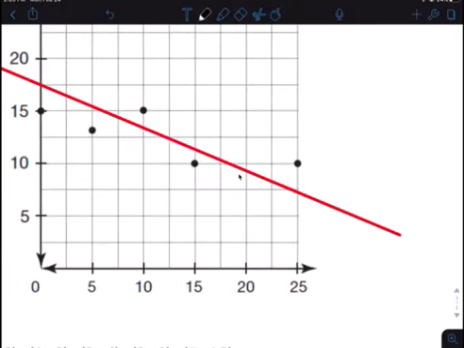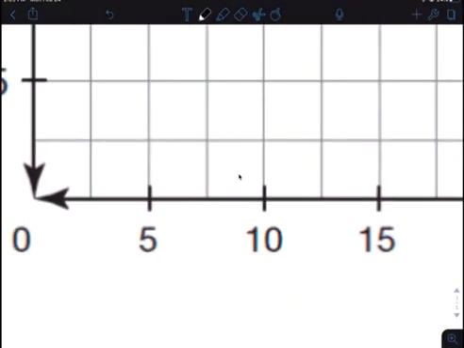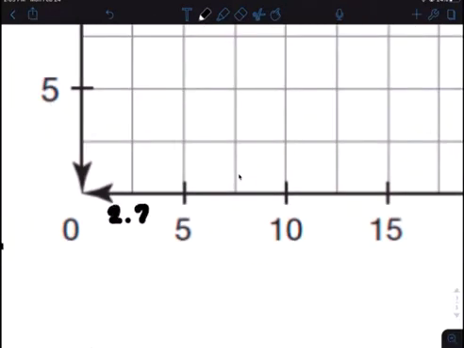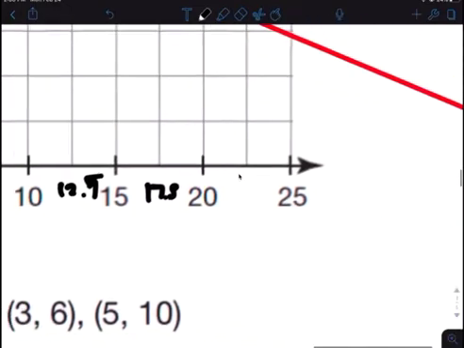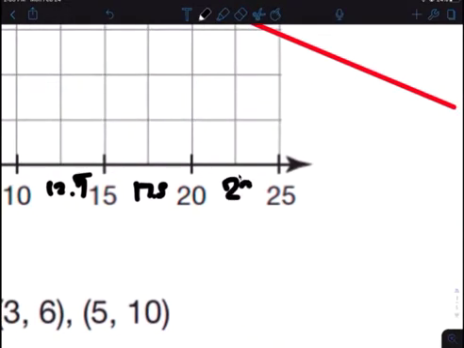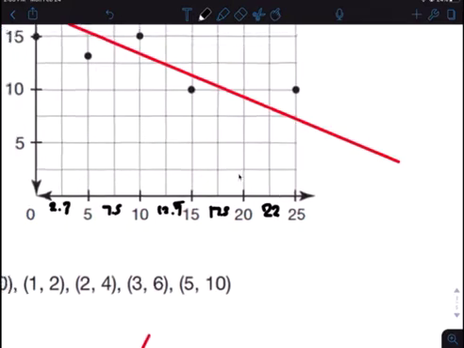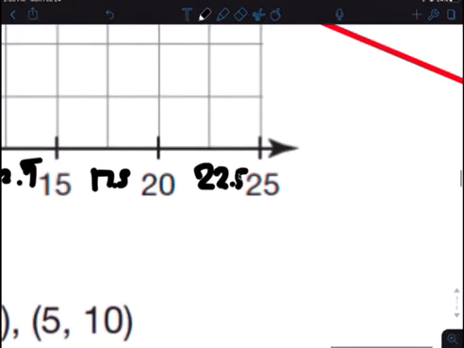All of you may have a different answer than me. Each time it's increasing by 2.5: that's 7.5, that's 12.5, 17.5, 22.5.